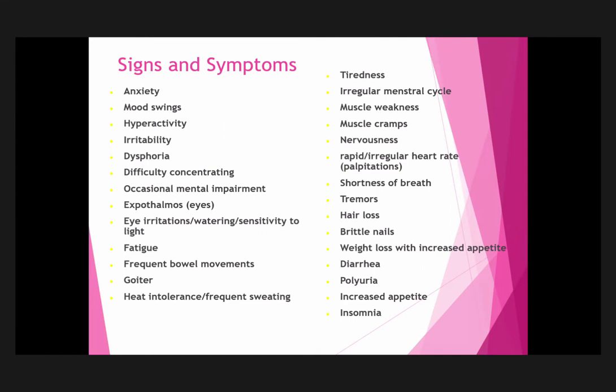When the level of thyroid hormones increases, you'll see all these metabolic changes: anxiety, mood swings, hyperactivity, irritability, dysphoria, occasional mental impairment, exophthalmos, high sensitivity to light in the eyes, fatigue, maybe weakness, muscle cramps.